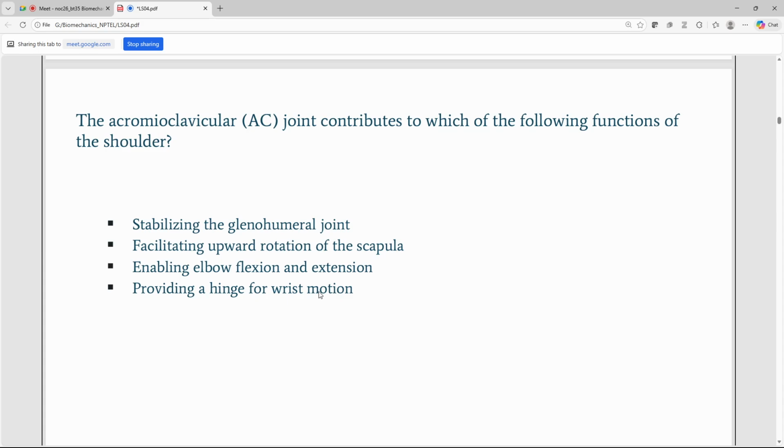Which of these functions is done by the acromioclavicular joint?